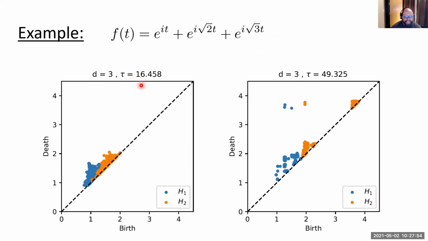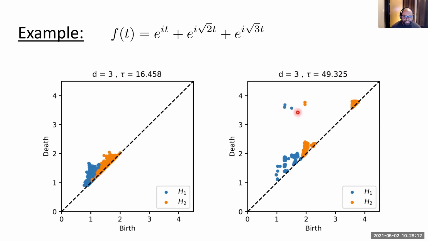On the left you have this value of tau, on the right this other value of tau. And hopefully you can notice that the persistence diagrams are completely different. On the right, we have the signature of what we would expect to see, a 3-torus, because we have 3 independent frequencies, right?